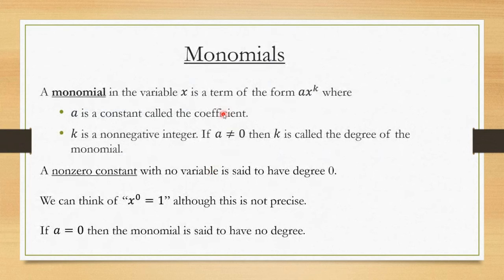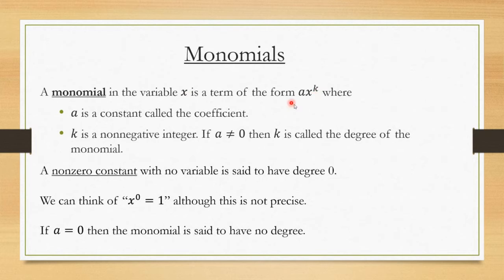So before we get to polynomials, first we have to consider monomials. There is a lot of terminology here, and let me just go through it. A monomial, by definition, in the variable x, is a term that looks like this: a times x raised to the k.